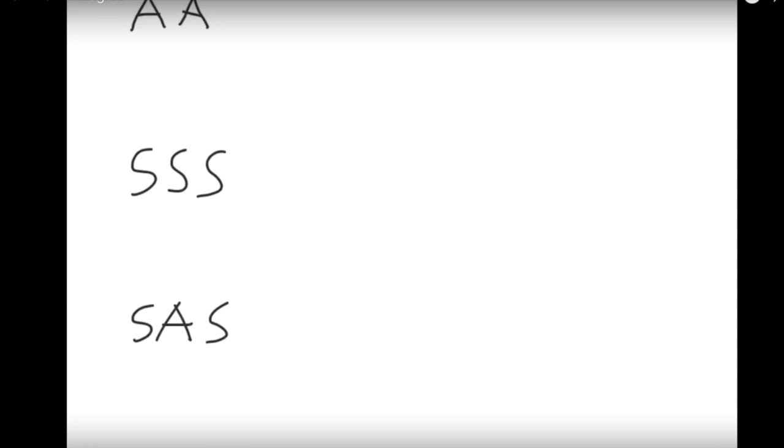So all you need to know is that 2 of the angles are congruent, and that automatically means the third is congruent, which means the triangles are similar. So these 3 all work for similarity. And once again, we still do not have side-side-angle. That is not one of them, nor will it ever be one.